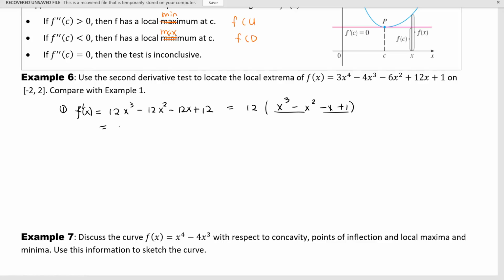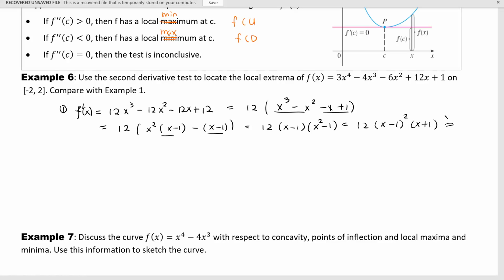So we have 12, and here x squared times x minus 1, here x minus 1, and they are the same. So we have 12 times x minus 1 times x squared minus 1. We can factor x squared minus 1 to be x plus 1 and x minus 1. So that's why you can combine the two copies of x minus 1 together.